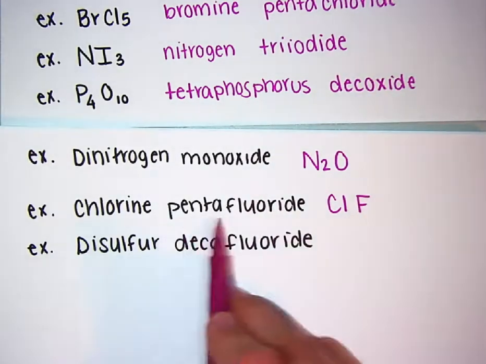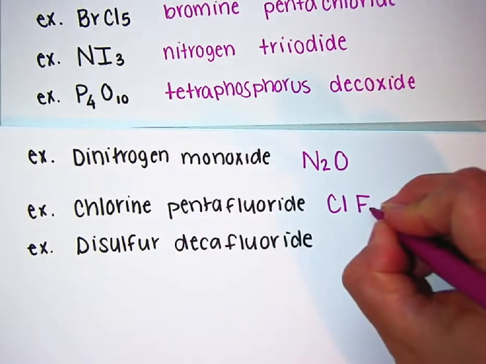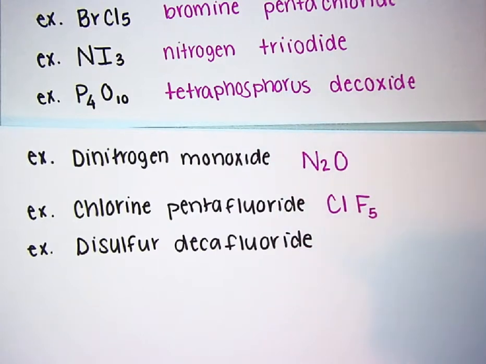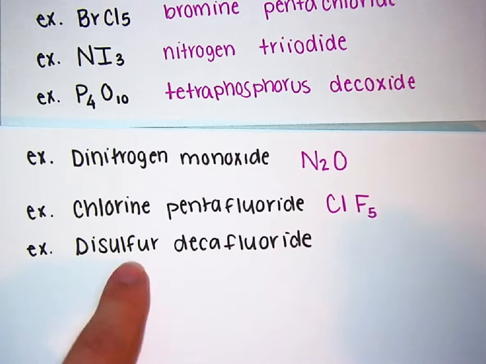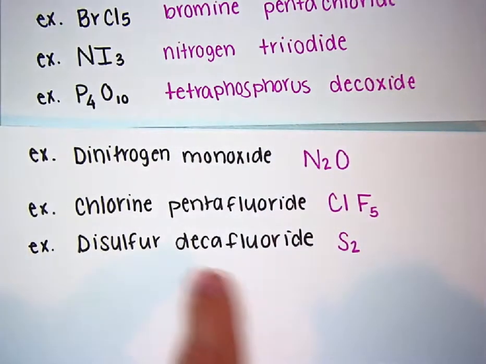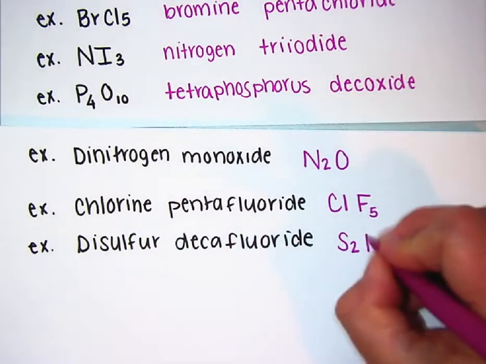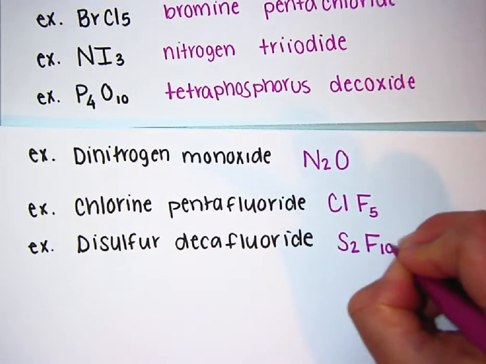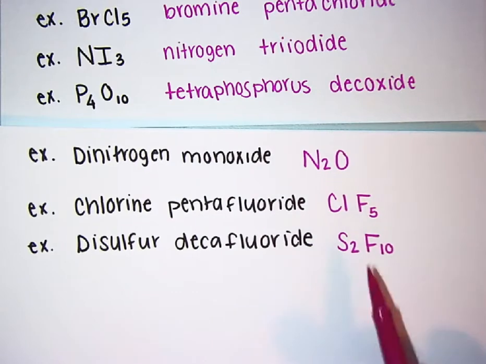Pentafluoride. Penta is 5. ClF5. Last one, disulfur. Prefix di means 2. That means there are 2 sulfurs. Decafluoride. Prefix deca is 10. So my formula would be S2F10.